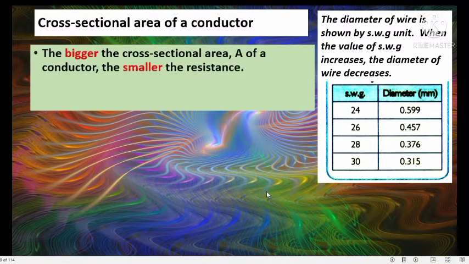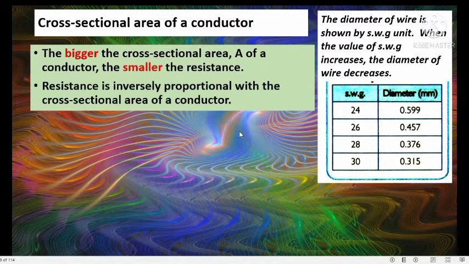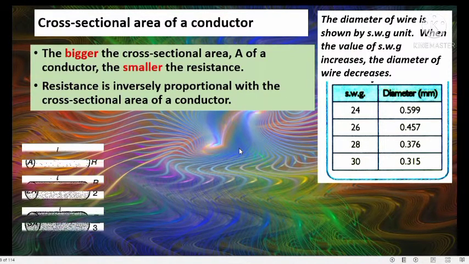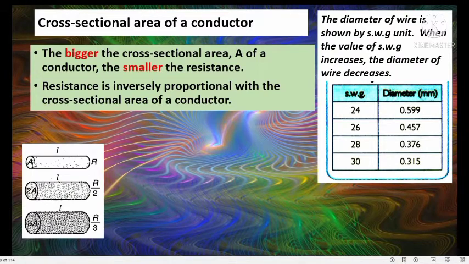The cross-sectional area. The bigger the cross-sectional area A of a conductor, the smaller the resistance. Resistance is inversely proportional to cross-sectional area of the conductor. As you can see, we have the same type of material, same length, but different thickness of cross-sectional area.